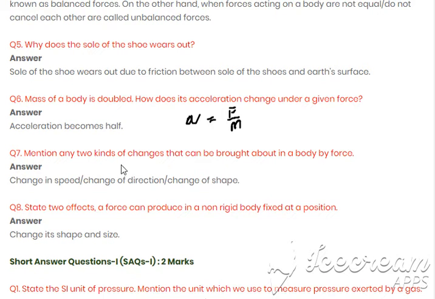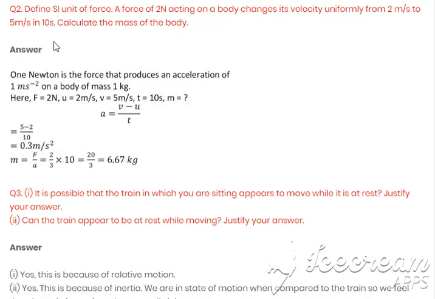Mention any two kinds of changes that can be brought about in a body by force. This has also been discussed that it can change speed, shape or direction. Define SI unit of force. We have studied that SI unit of force is Newton, but we have not defined it. So you can define 1 Newton by its formula only.